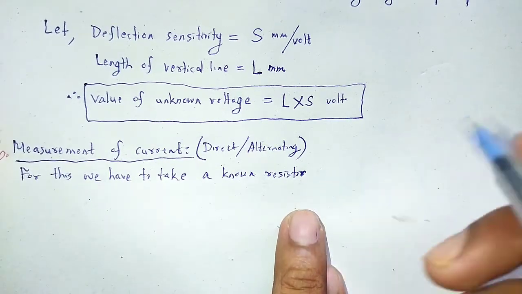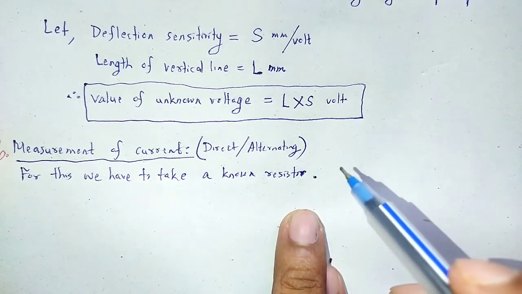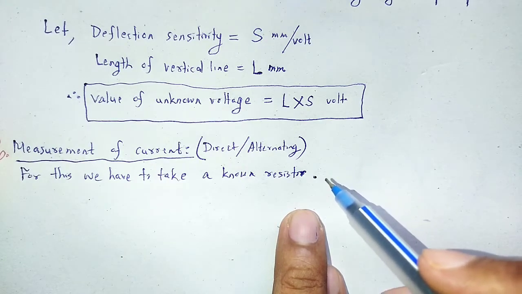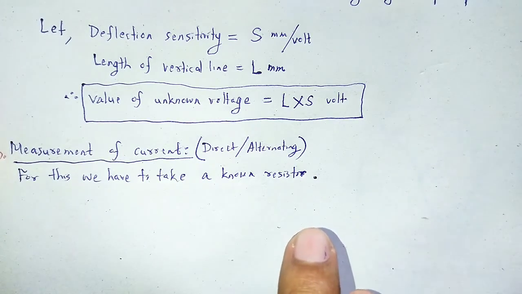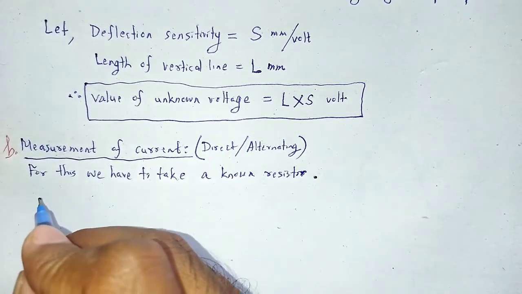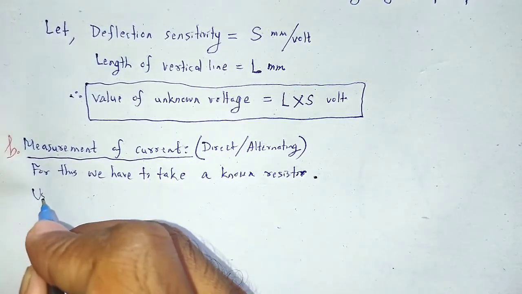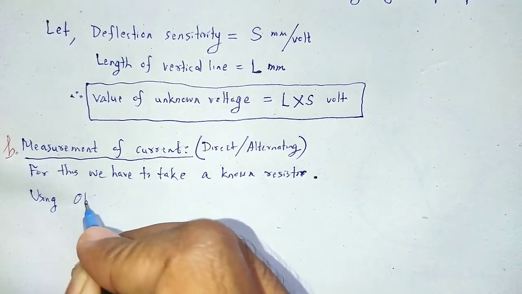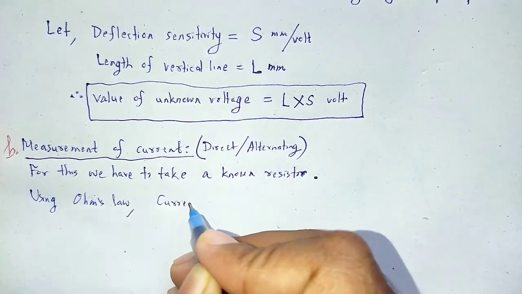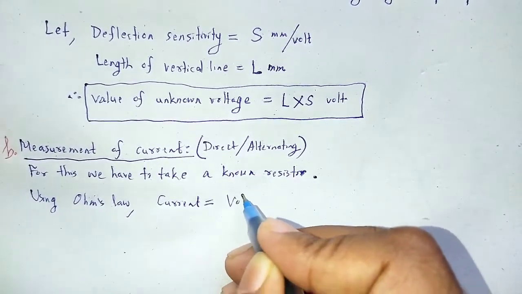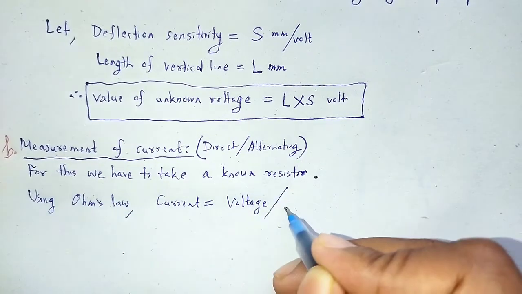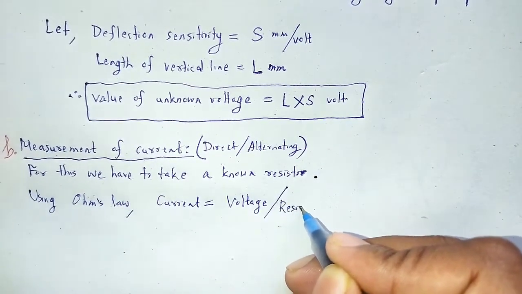The current is measured by taking the potential drop across the resistor and using Ohm's law. From Ohm's law, current is equal to voltage divided by resistance.